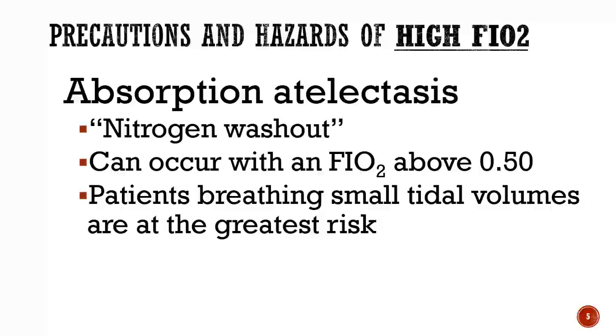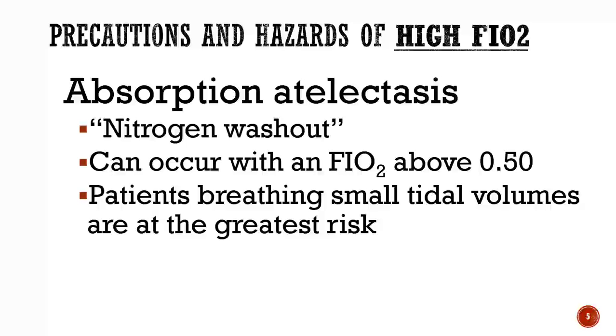The other hazard of high FiO2 is absorption atelectasis, and this is something that we talked about in detail in cardiopulm. But basically, if you think about what room air is comprised of, it's 70-some percent nitrogen. When you have FiO2s that are above 50%, you wash out that nitrogen.